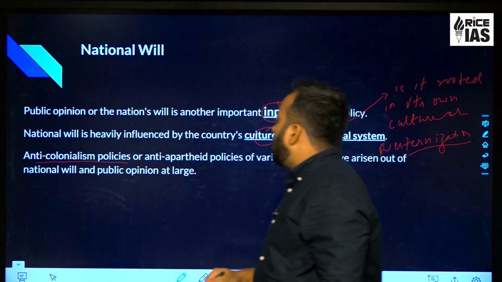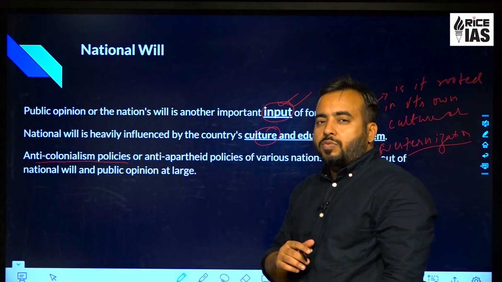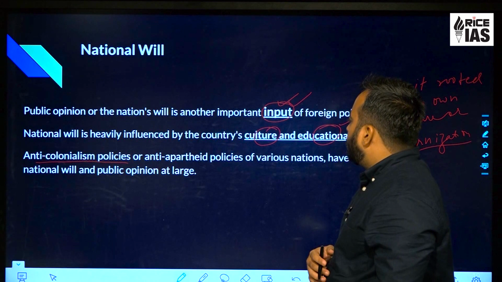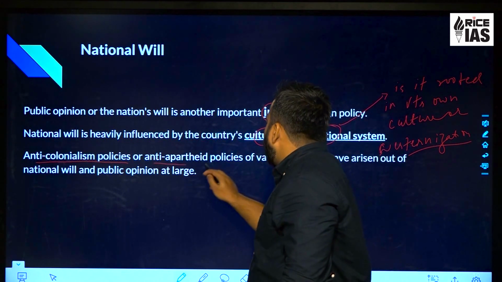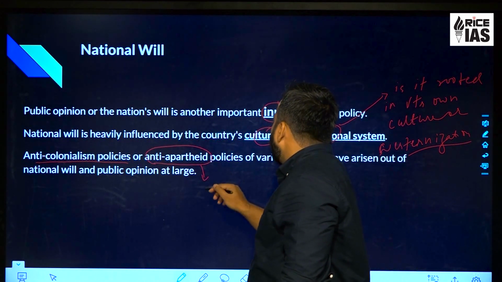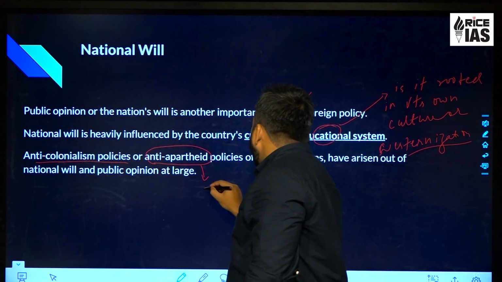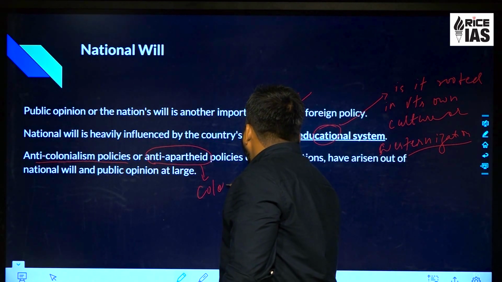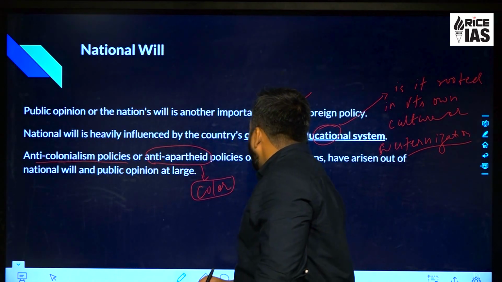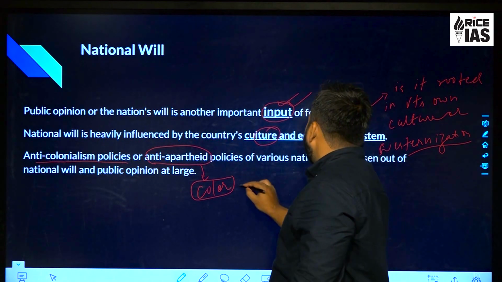Anti-colonial policies which evolved during India's struggle for independence, and anti-apartheid policies, the policy which made color the basis of power and privileges in South Africa.